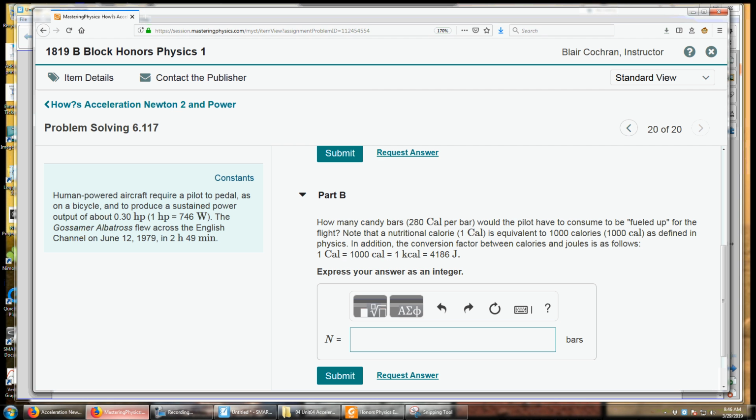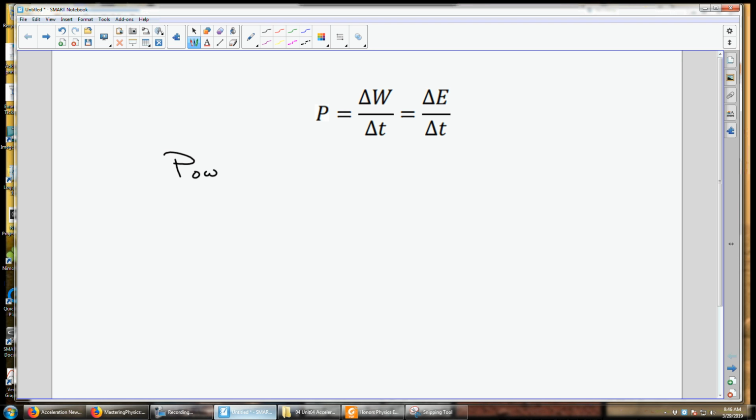So the first thing I'm going to do is figure out the power. That's going to equal whatever part of a watt times how many watts, right? So I'll get how much power it has, and then that's going to go right in here for the amount of power. They tell me the time, and they ask me for this.